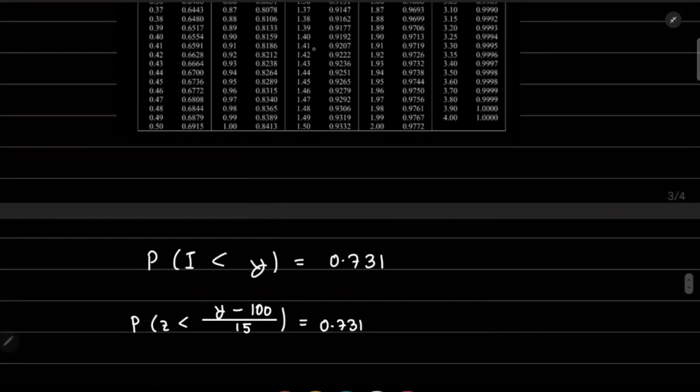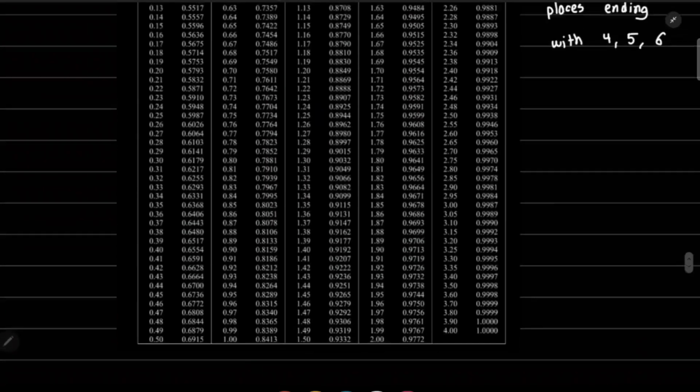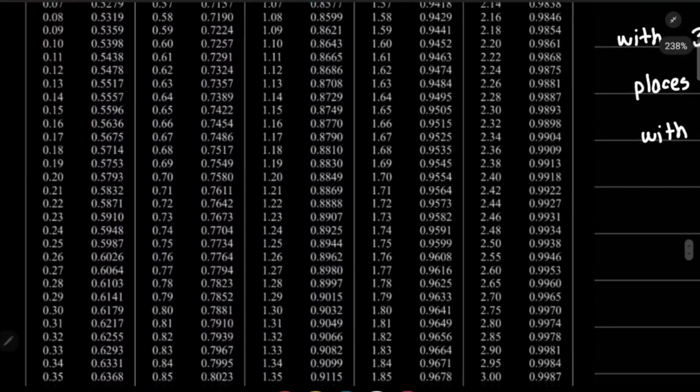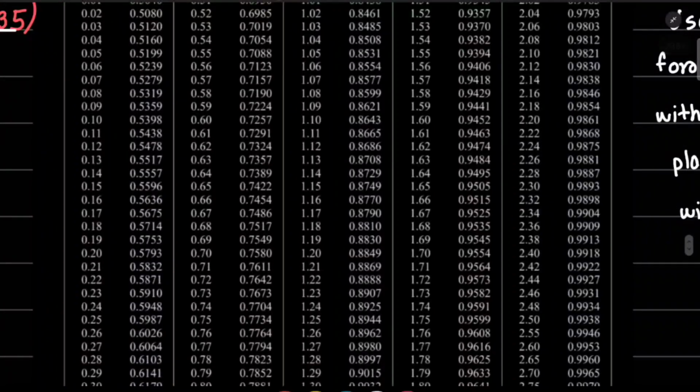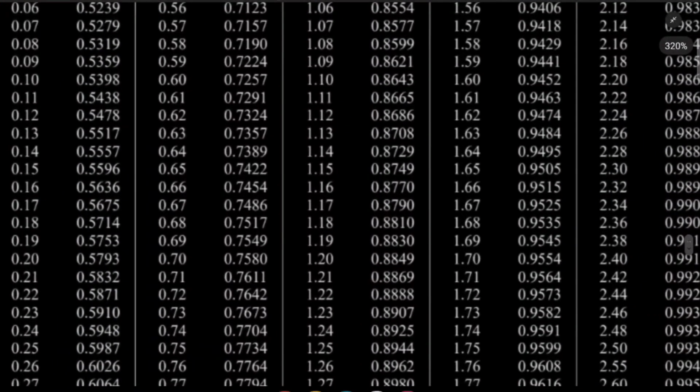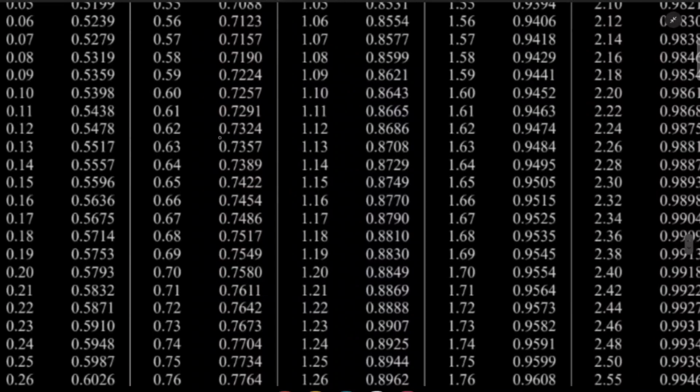Now instead of seeing left to right, I'll see right to left. So we have a probability of 0.731. I have to find what is closest to it. I had 731. If I look over here, it's gonna be in between over here. In these cases, we do not have to find the average. I'll just take the value which is closest to it.